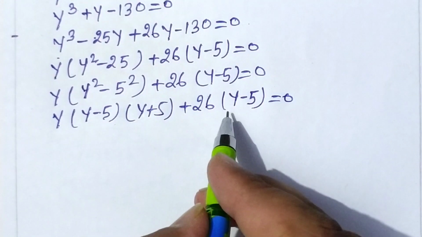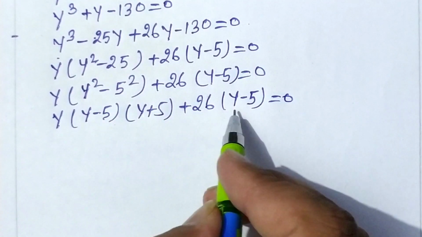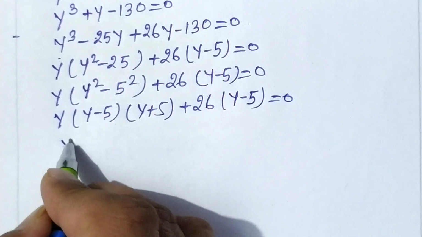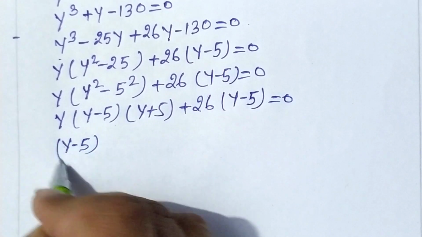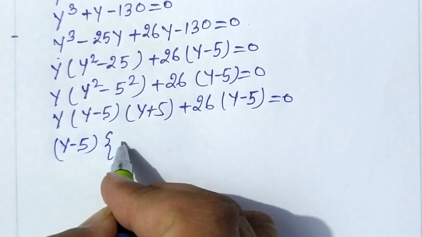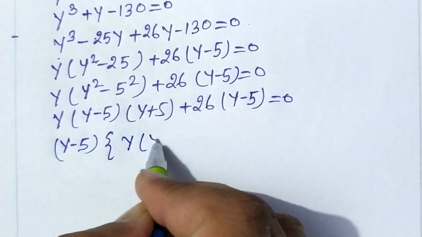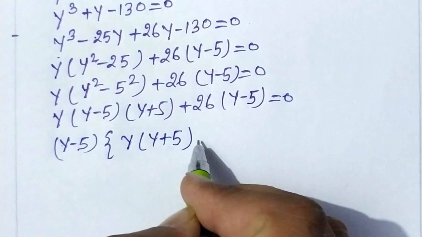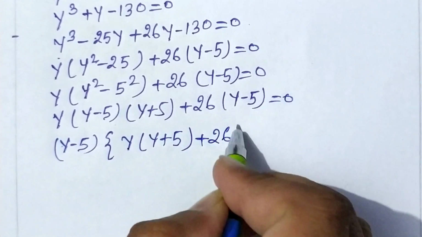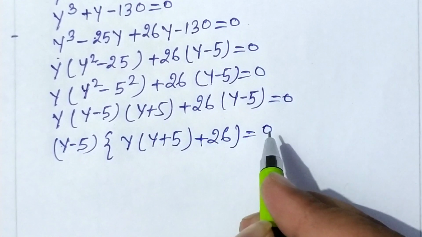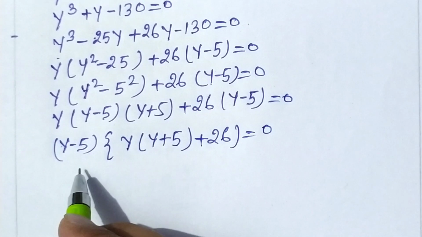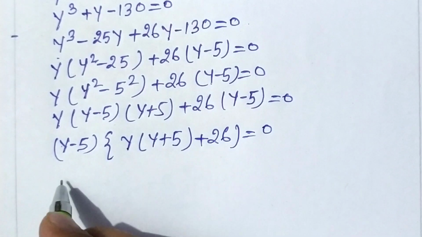Y minus 5 is common, so we take y minus 5 common. It will be equal to (y minus 5) into (y into (y plus 5) plus 26) is equal to 0. Here we have two cases.